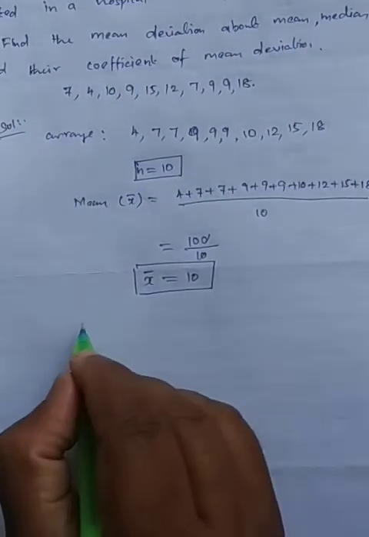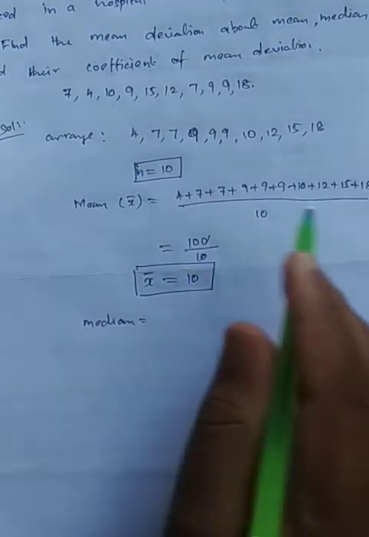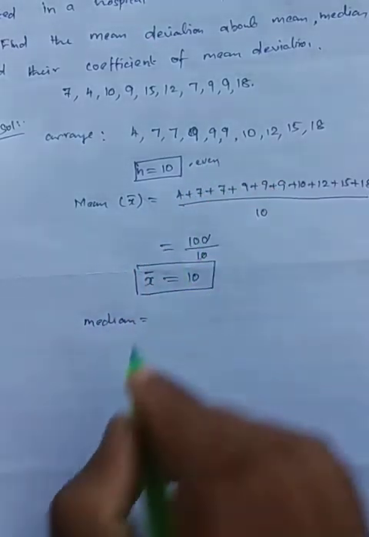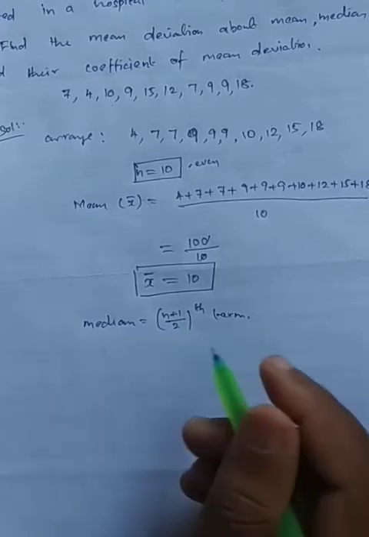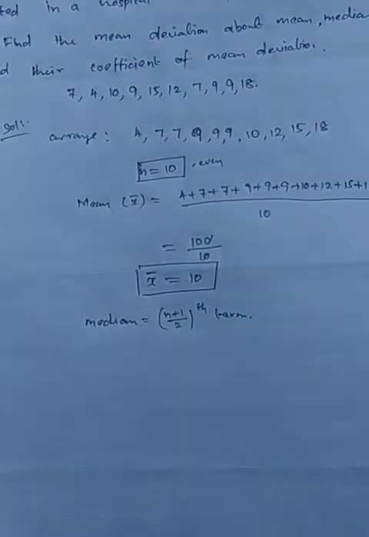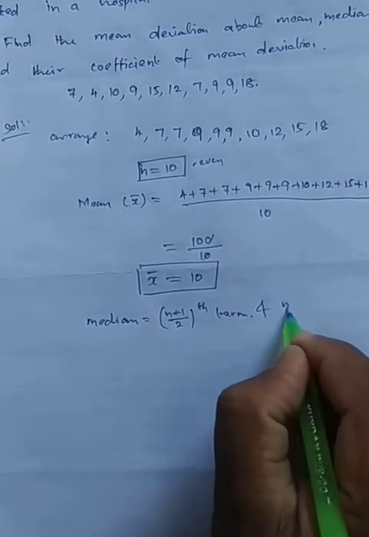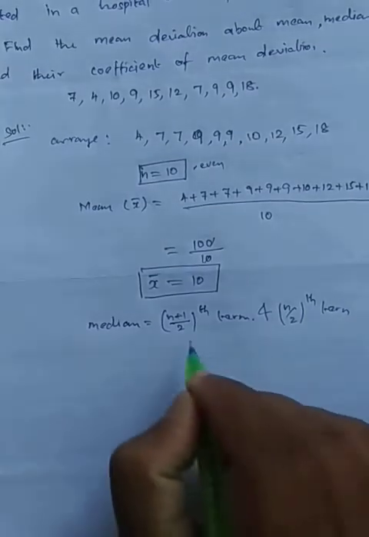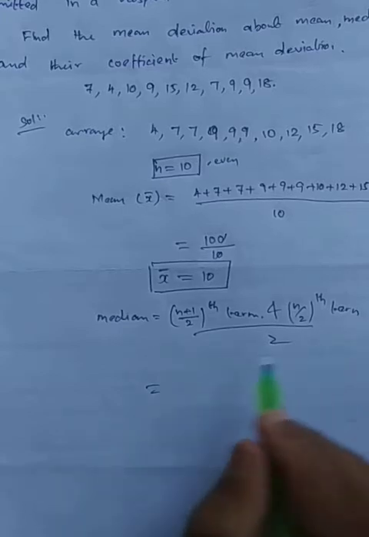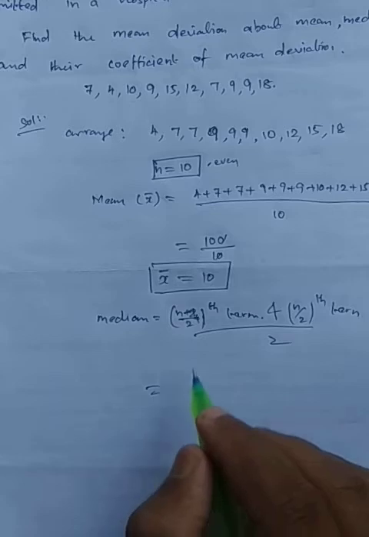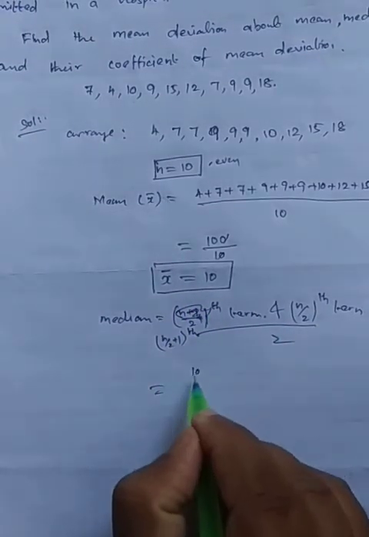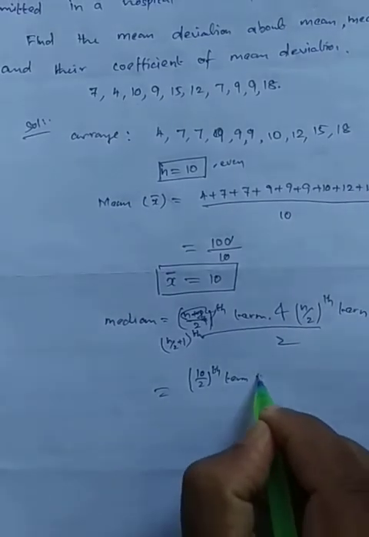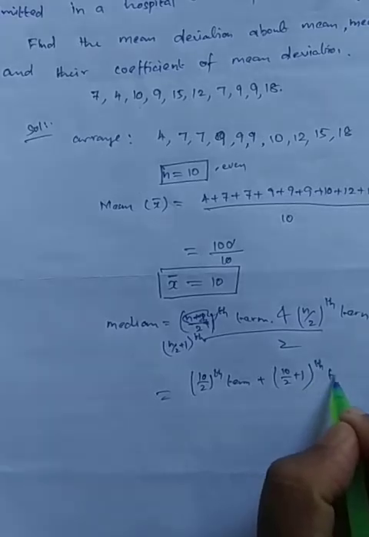Okay, so now we will calculate the median. n is even, so we take the n by 2 term plus the n by 2 plus 1th term, divided by 2.